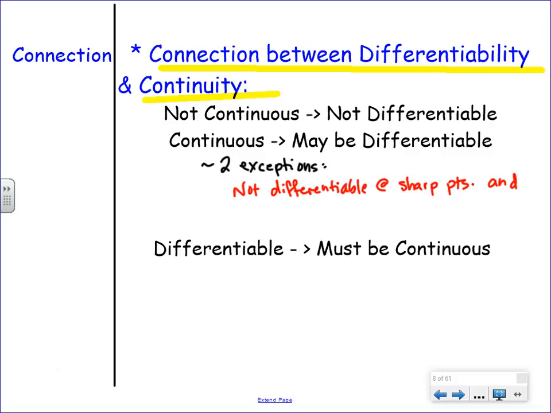At sharp points, the derivative does not exist, and at vertical tangent lines, the derivative does not exist. And we'll talk more about why as we continue learning about derivatives. This is one quick little thing to have. You're going to need it for the last 4 problems of homework, and you're just looking at graphs. Do they have vertical tangents? Do they have sharp points? If so, no derivative exists there.